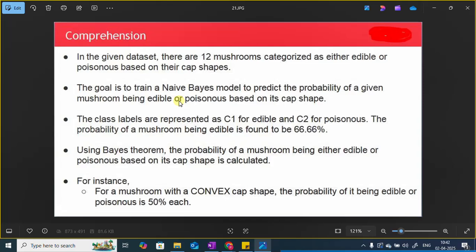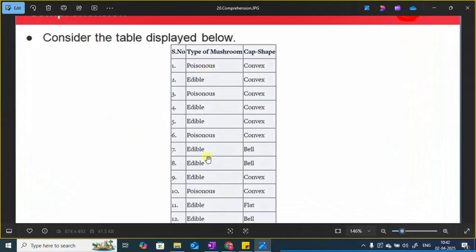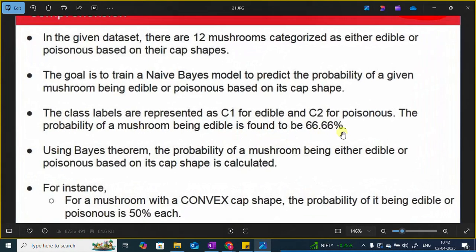The probability of a mushroom being edible is found to be 66.66%. Why? Because if you count, the edible percentage is a little bit more. You can say 1, 2, 3, 4, 5, 6, 7, 8. So out of a total of 12 records, 8 are edible, and that is nothing but 66.66%.